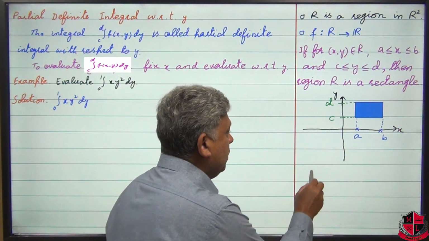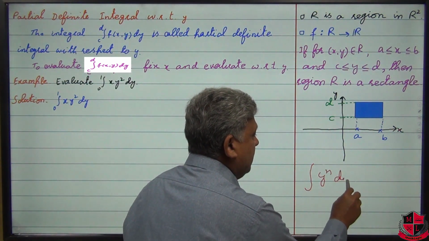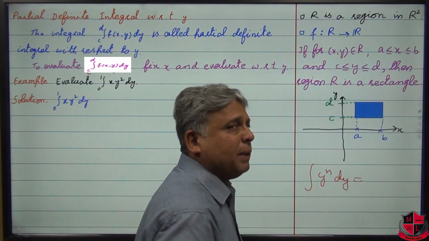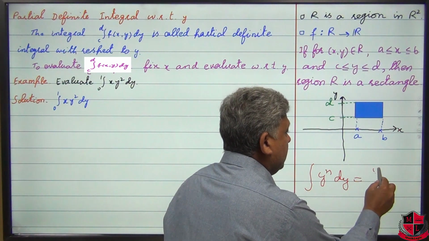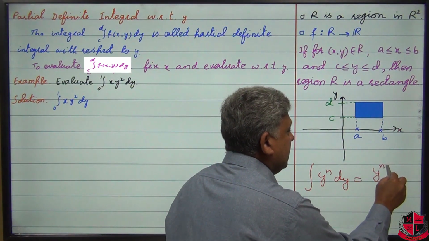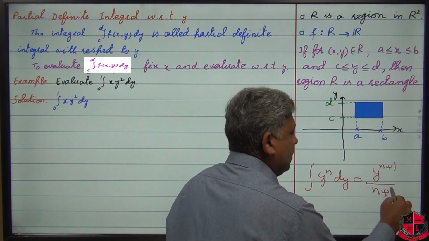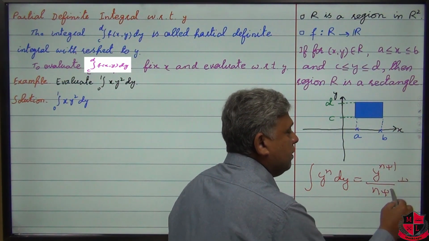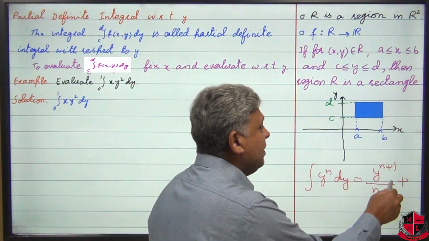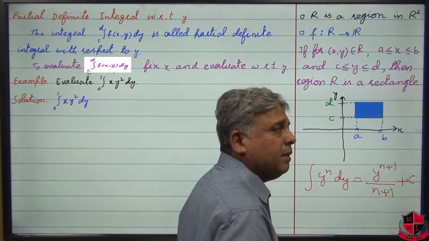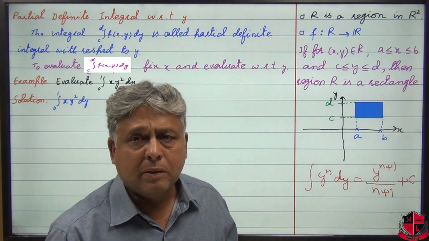The power rule. If we have the integral of y power n and we have to integrate it with respect to the variable y, the answer is quite easy. Increase the power by 1 and divide by the resulting power. If we are finding an indefinite integral, there will be a constant of integration c, and in the case of a definite integral, we shall apply the limits.